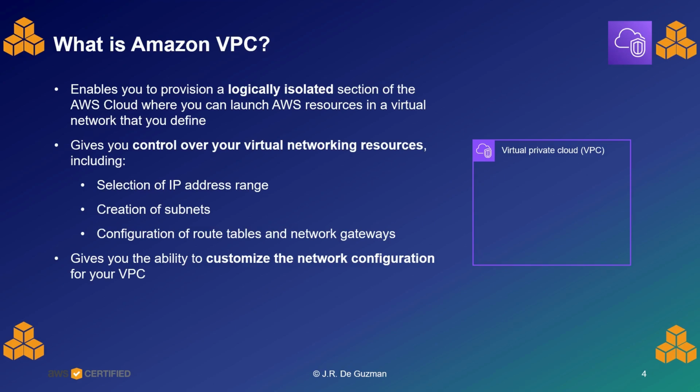You can place your backend systems such as databases or application servers in a private subnet with no public internet access. Finally, you can use multiple layers of security, including security groups and network ACLs, to help control access to your Amazon EC2 instances in each subnet.